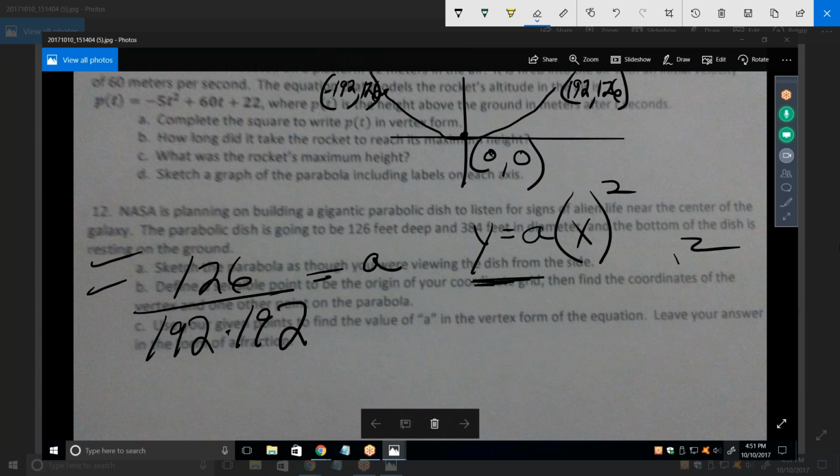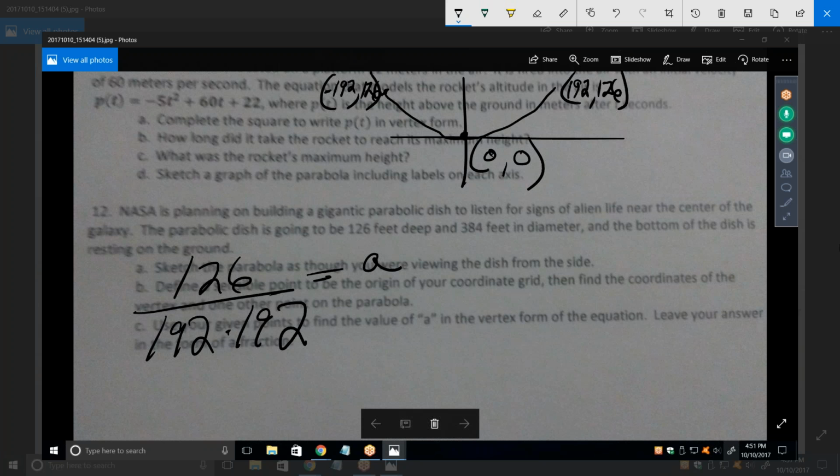To simplify that, notice it's going to be hard to do on a calculator because a calculator is going to give you a decimal answer. We don't want to do it on a calculator. So let's start simplifying this.